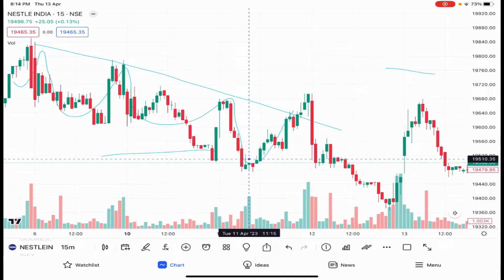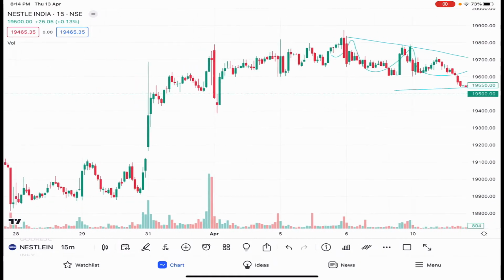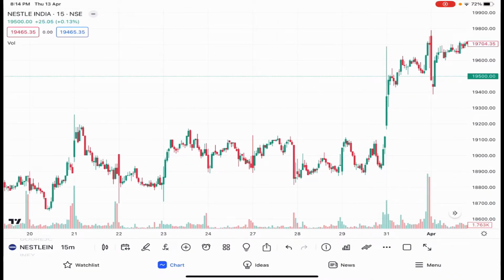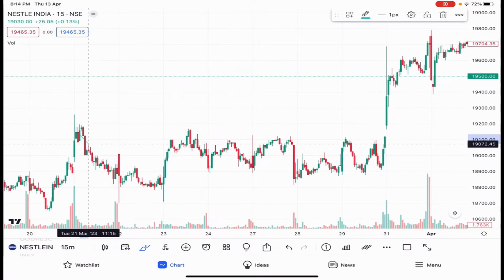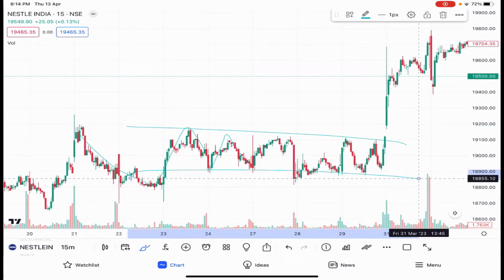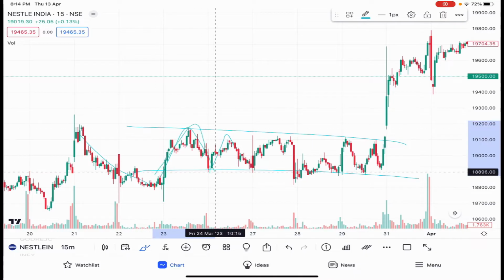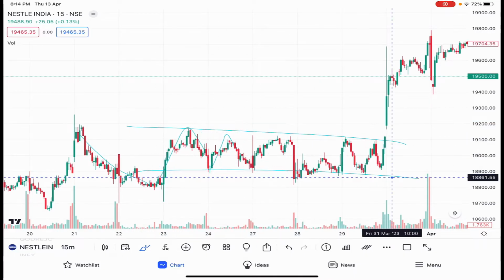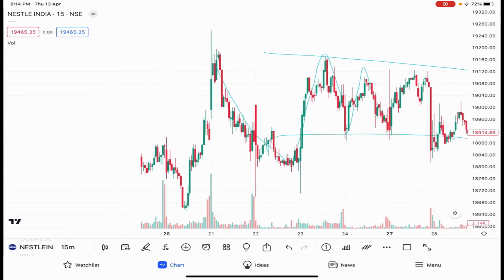Look at this. The price is always moving in a particular trend. It's going down, it's going up. It's going down, it's going up. Now this is a sideways trend. Why is it a sideways trend? Because the price is stuck between this range. Do you see that? The price is stuck between a range. We'll be seeing this in detail, don't worry.